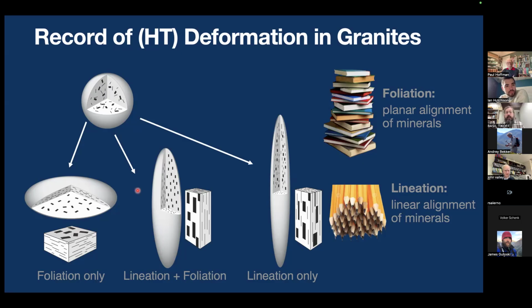The minerals can align into foliation only, so that there's no linear direction. They can align into lineation only, like a group of pencils where there's no foliation fabric. But most of the time, they're in the foliation plus lineation category, where we can determine both.